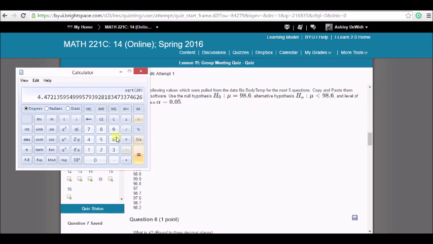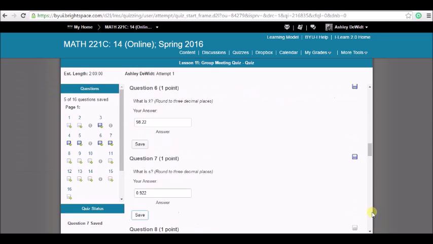I don't know if this is right, but I have negative 0.412.